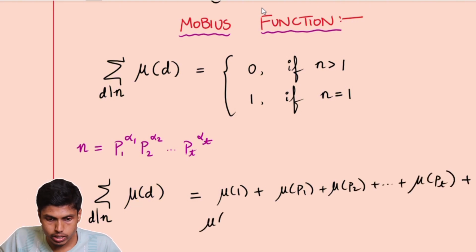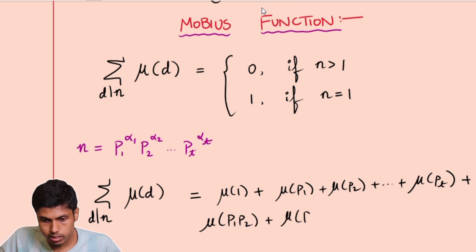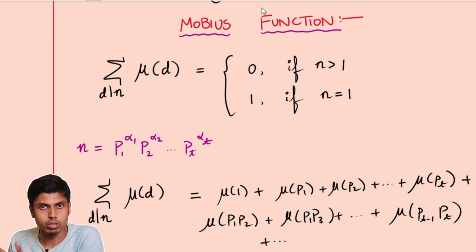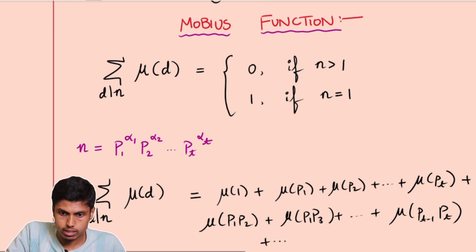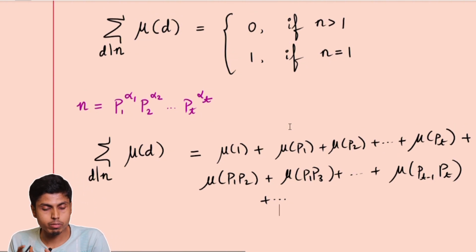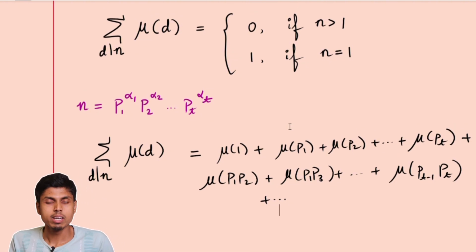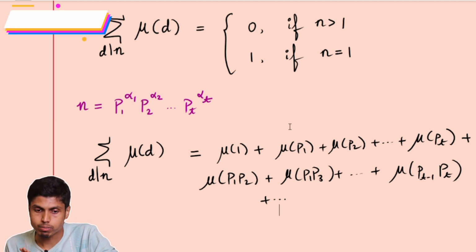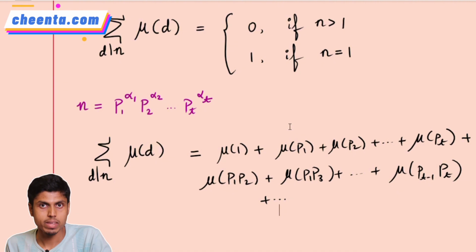Then primes taken 2 at a time will be mu of p1 p2, mu of p1 p3 and so on up to mu of p(t-1) pt. Next comes primes taken 3 at a time, 4 at a time and so on. All of these are going to get added. So again I'm reminding you, we are just disregarding the divisors that are not square free, because their value is going to be 0 and they will annihilate in the sum.